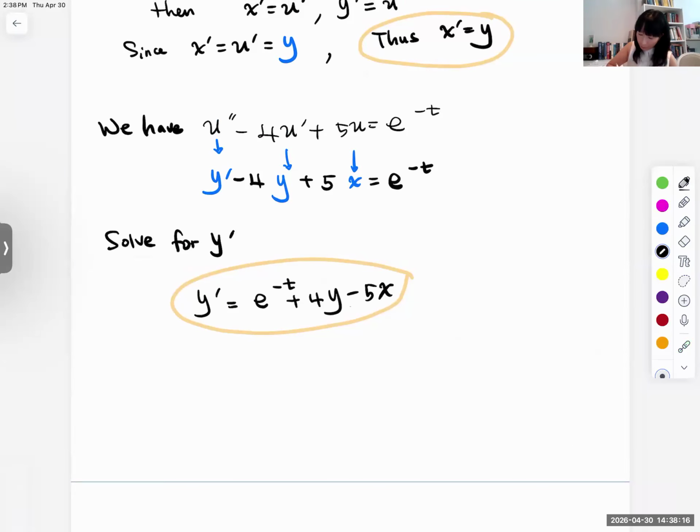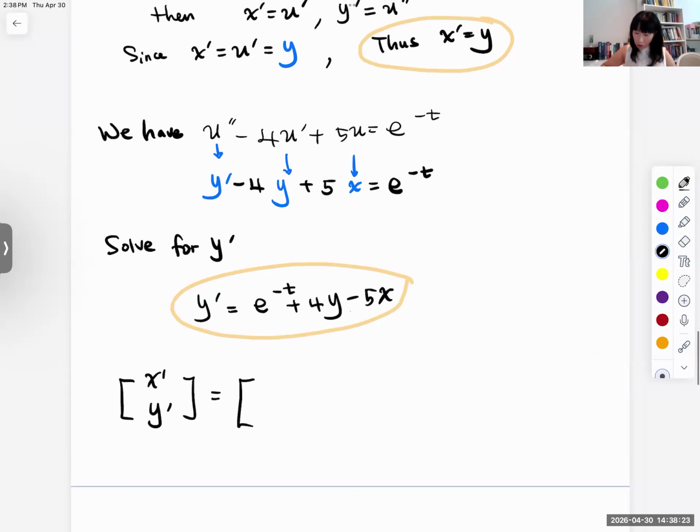So if we have x prime, y prime, then we have to make x, y, right? So in that case, 0, in that case, 1, in that case, -5.